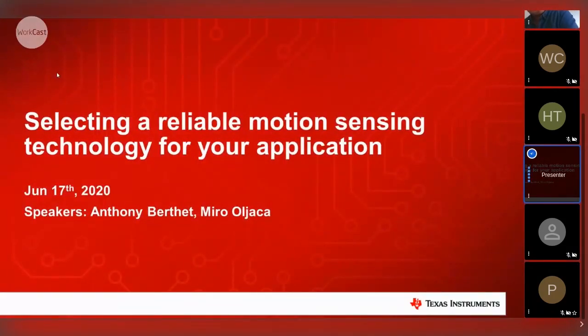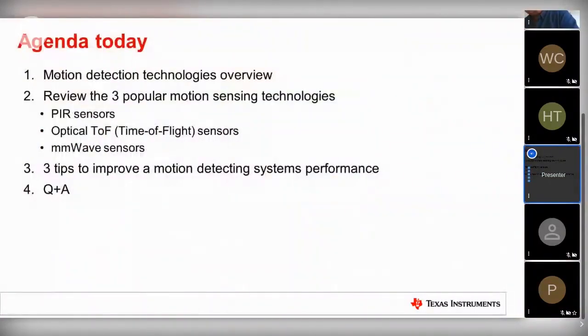Hello, and good morning, good afternoon, good evening from Dallas. Today, as we said, we are going to talk about motion sensing and how to select a proper technology for your application. So let's start. What we are going to look at today is a motion detection technologies overview. We will look at a couple of different technologies that are used.